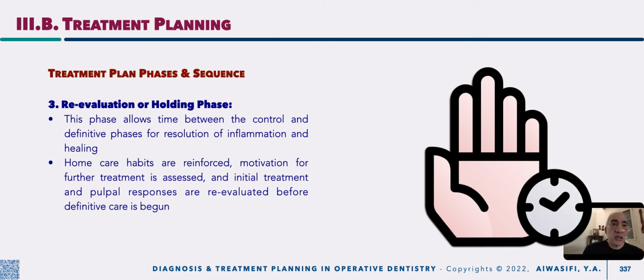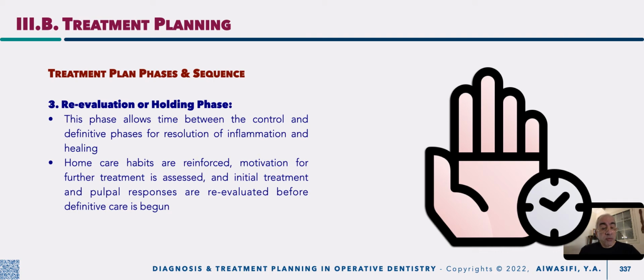If you are prescribing for your patient an antibiotic or analgesic, just advising him to use it for 2 or 3 days, whatever time you assign, just waiting for this drug to take action is considered the re-evaluation or holding phase.